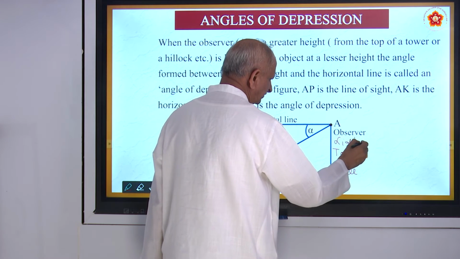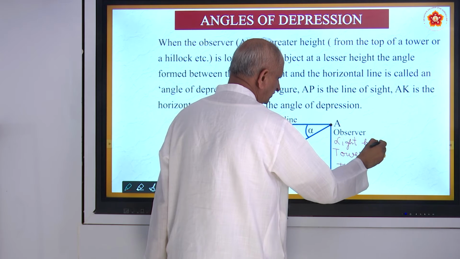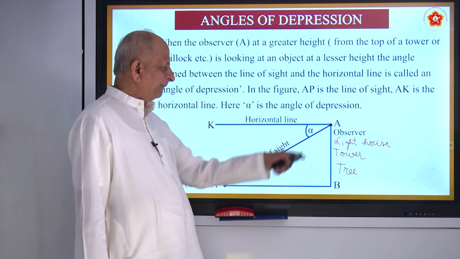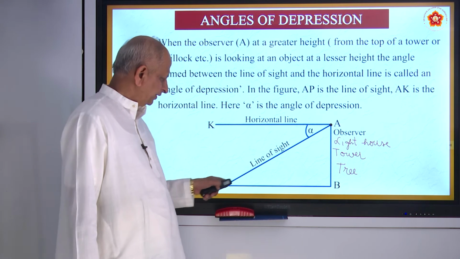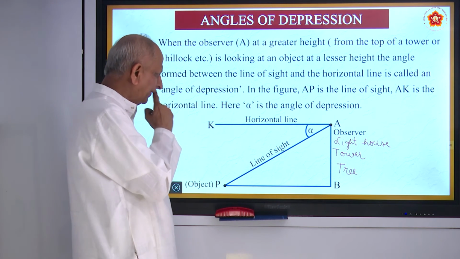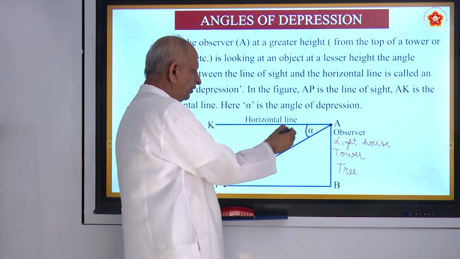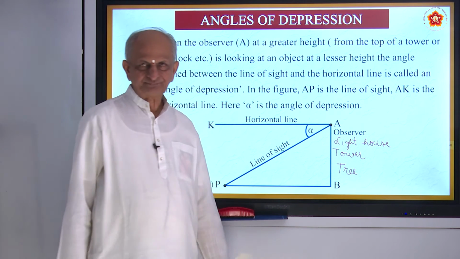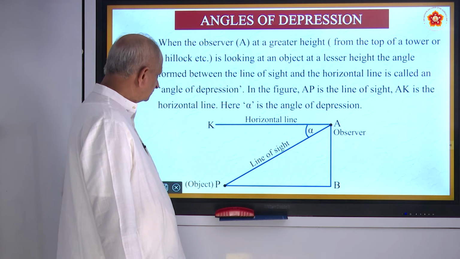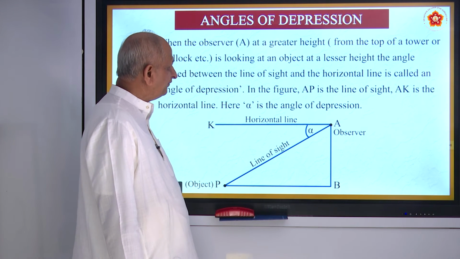Why I am giving such examples is that there are some problems on this, and then you understand easily. So on top of a lighthouse, this is a boat or ship coming up. The name is changed to alpha, just to make a difference. Followed? So that is what is called the angle of depression.